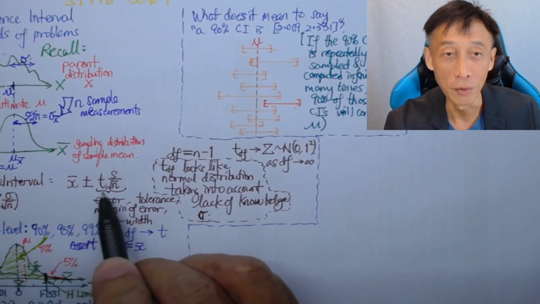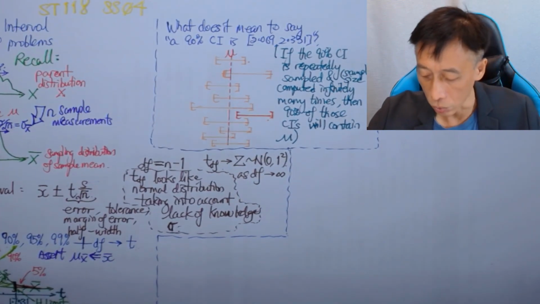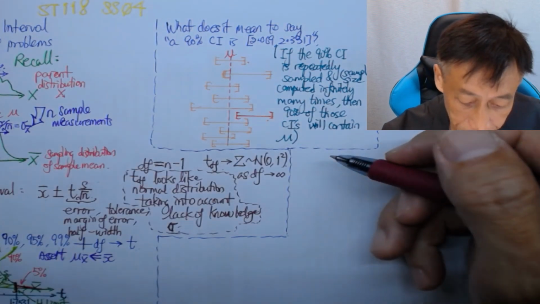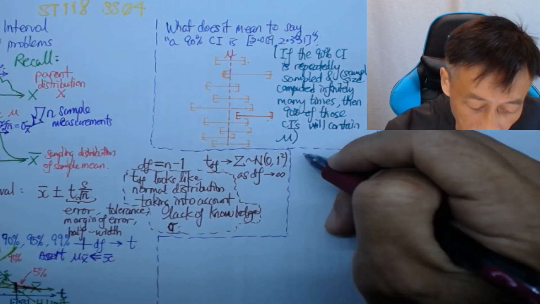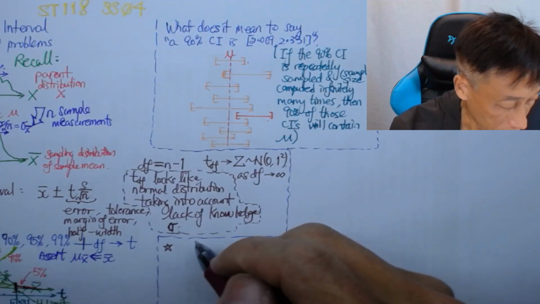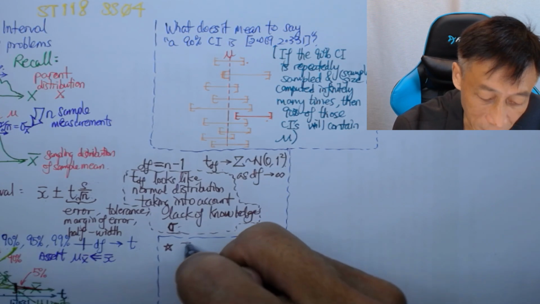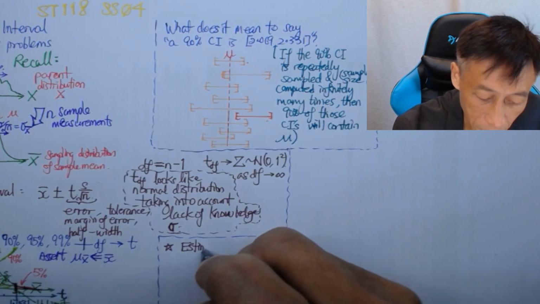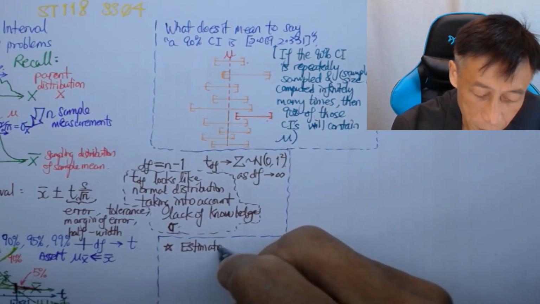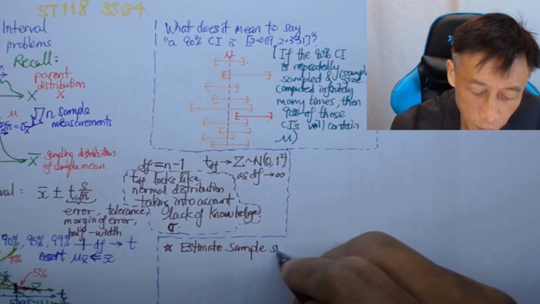So this is the first kind of problem. Second kind of problem is to calculate sample size, or estimate sample size. So sample size becomes the output.